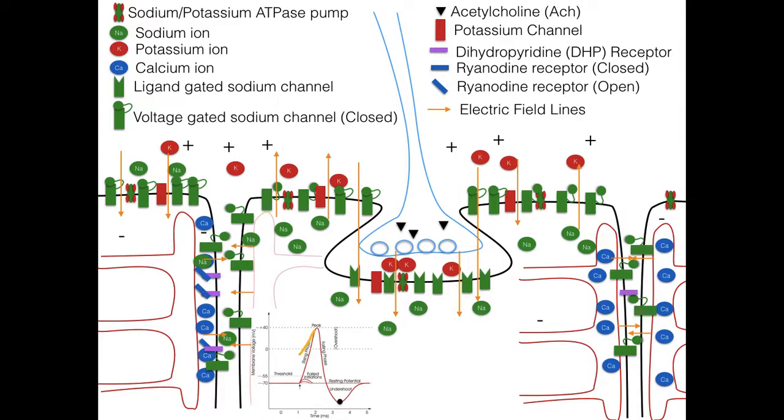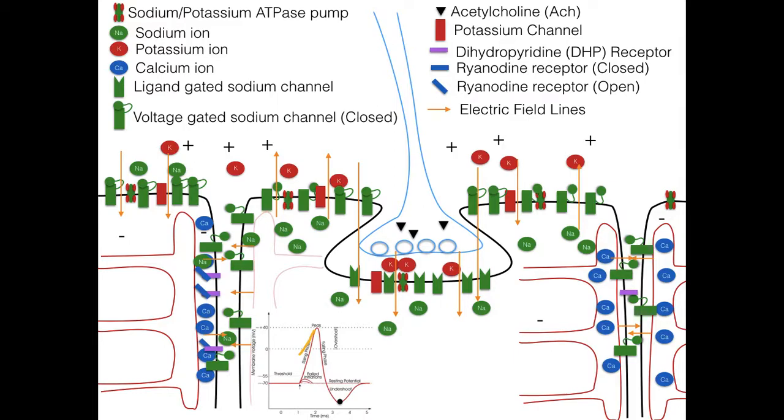To recap, you need to know what sodium-potassium ATPase is and how it works generally. You need to know how sodium-potassium ATPase establishes the electrochemical gradient and what that electrochemical gradient is. You need to know what a neuromuscular junction is. And you need to know, in general, the steps of an action potential.